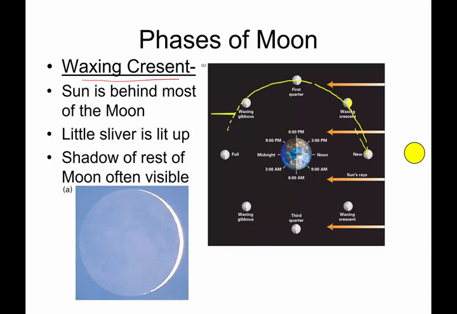Let me draw a picture here and see if I can make this make sense. What's going to happen is we actually only see a fraction. This is the only bit, that tiny little fraction, that we can see from Earth. Waxing crescent, you know what a crescent moon looks like, and waxing is while it's getting bigger.